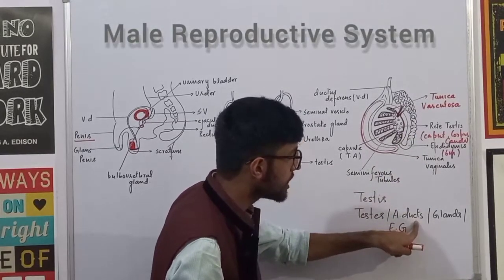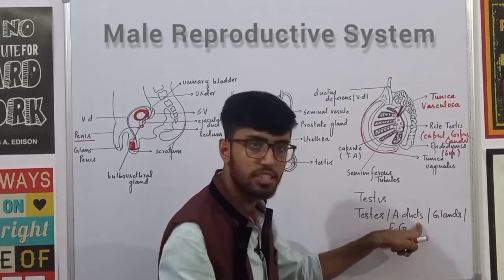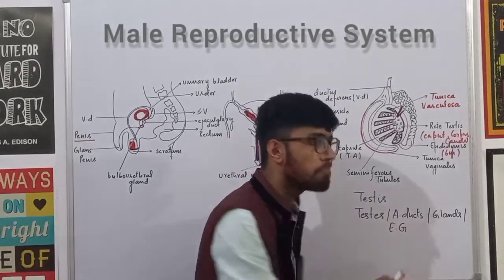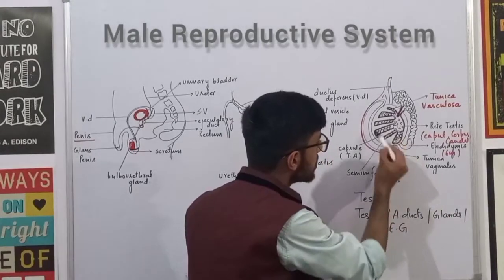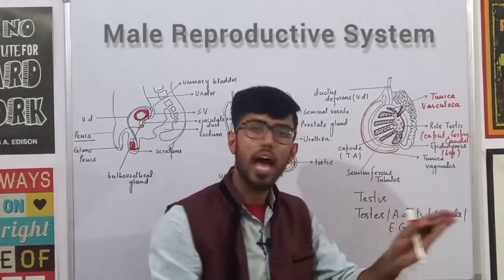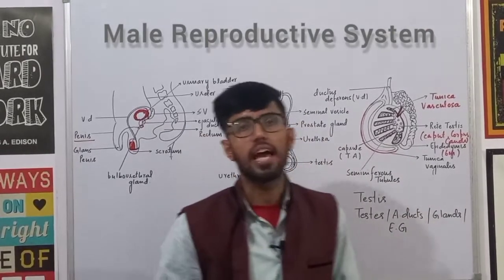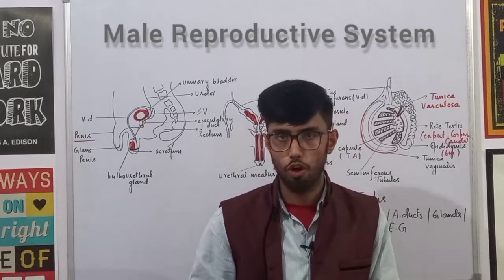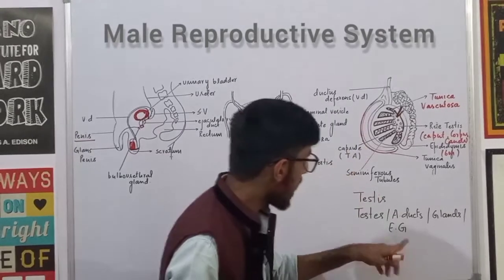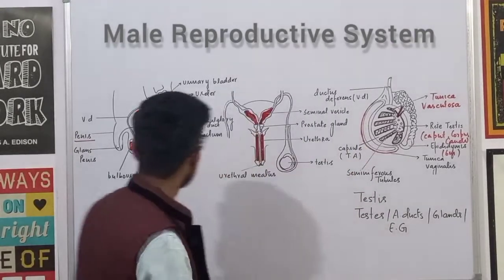These ducts transport the formed germ cells from seminiferous tubules to the outside of the body. Next, we have the glands. These glands help in maturation of sperms. And we have the external genitalia, which is the penis.